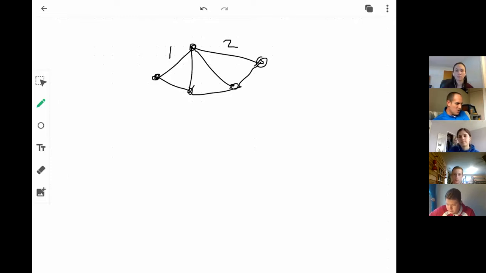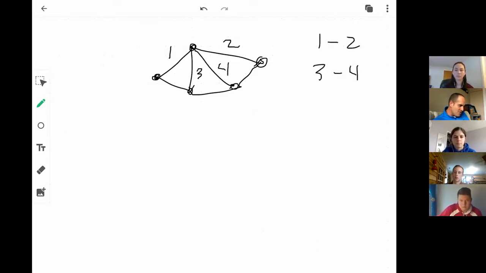Do you see some other edges that are basically symmetrically the same? Well, how about this edge right here and this edge right here? Those two are symmetrically the same, 3 and 4. So 1 and 2 are symmetrically the same, 3 and 4 are symmetrically the same. This edge and this edge, 5 and 6, are symmetrically the same. And then this edge right here is symmetrically the same.